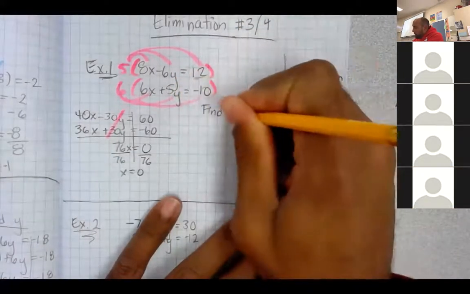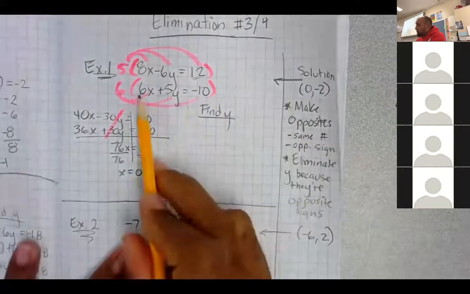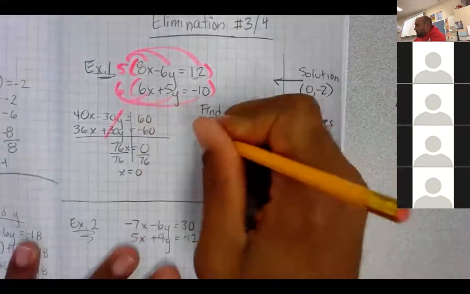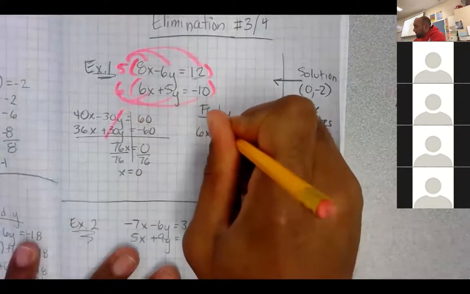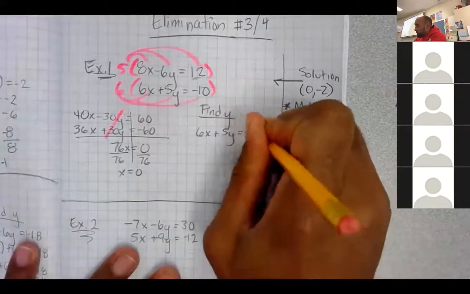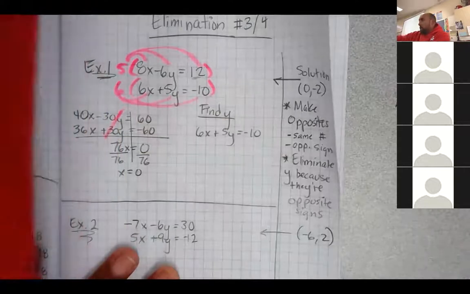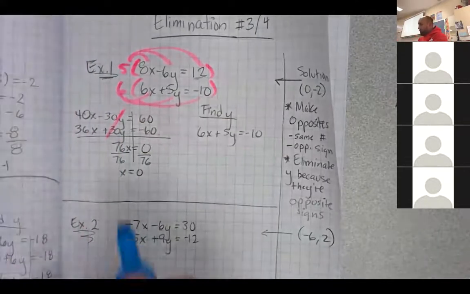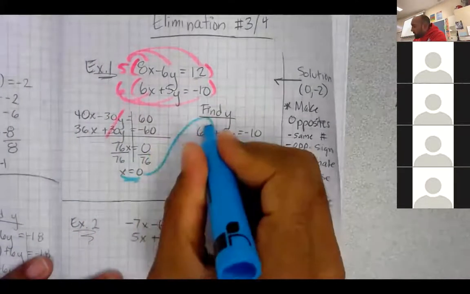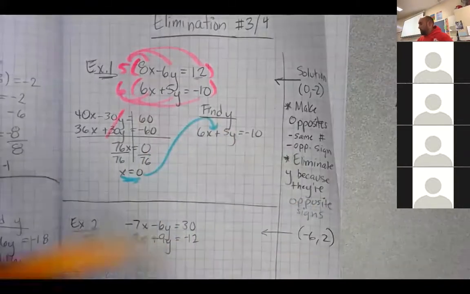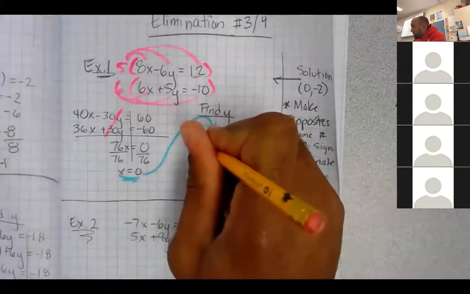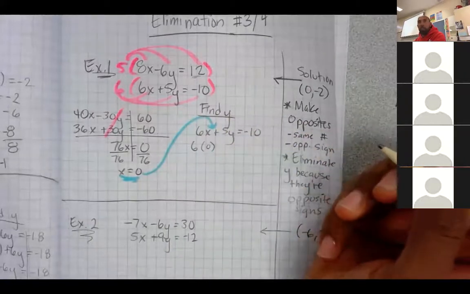Okay, so now we're gonna find y. Okay, so 6x plus 5y. I'll use that one. Remember, it doesn't matter which one you use. Okay, so I'm gonna take the 0, and now we're gonna plug that in for x. Remember, we write parentheses there.